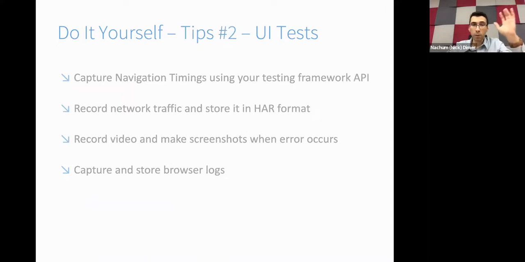Now some particular points about UI tests. If you're in the Selenium, Playwright, or Cypress world, it's super important to capture navigation timings. As I mentioned, you can access them from each of those frameworks. It's important to record the network traffic, and for most frameworks today it's out-of-the-box functionality. It's usually heavy on storage, but it's super useful to record videos of your tests, because it helps so much to understand performance, failures, and defects. Also capture browser logs.